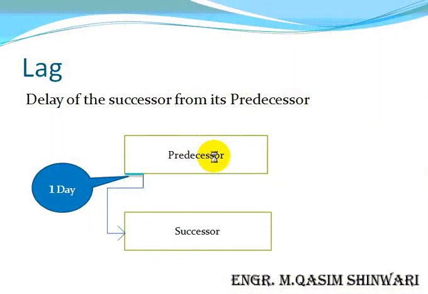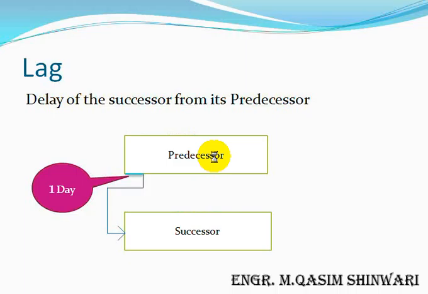Lag is actually the delay of the successor from its predecessor. For example, you can see that when the predecessor starts, after one day the successor is started. You can see that there is a lag of one day. This gap is known as lag. So we can start two activities simultaneously, but giving a lag of 1 day or 2 days as needed.